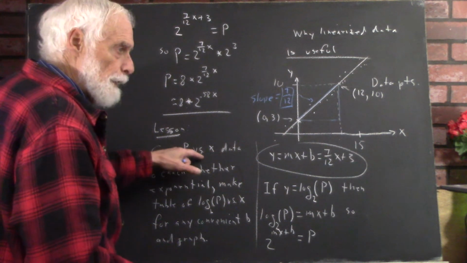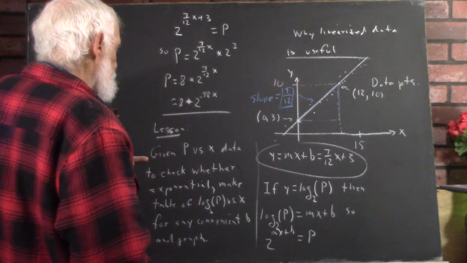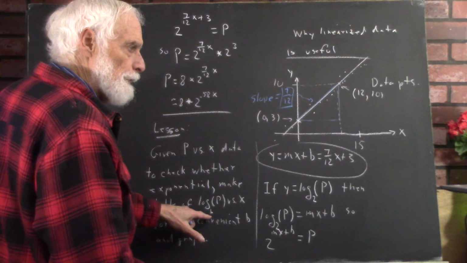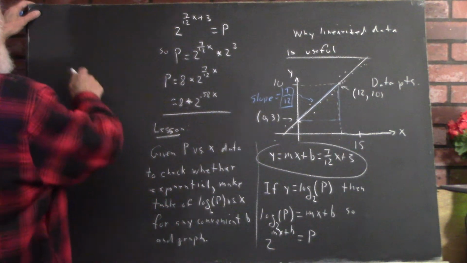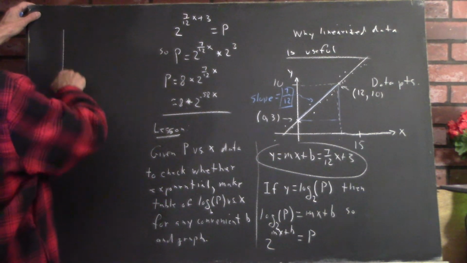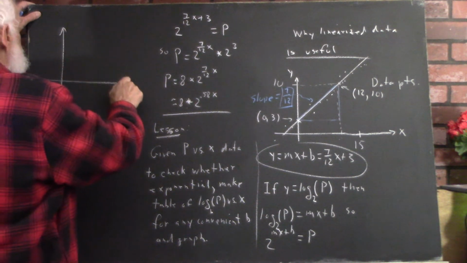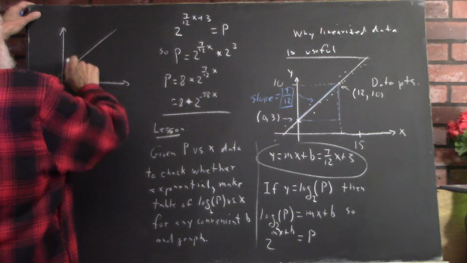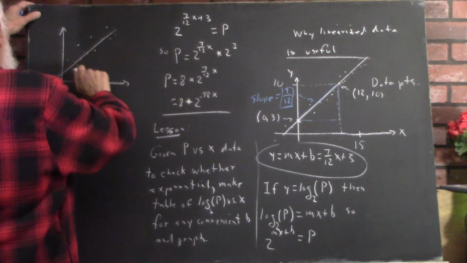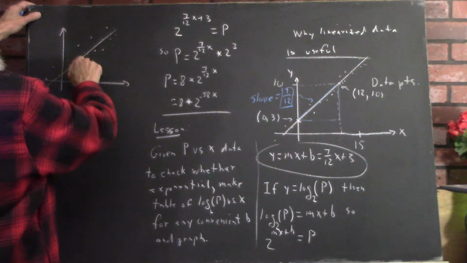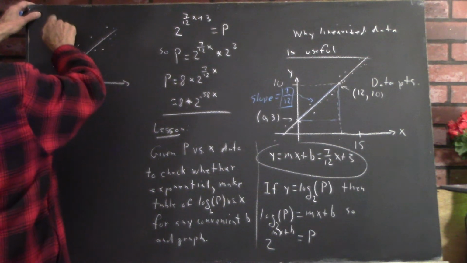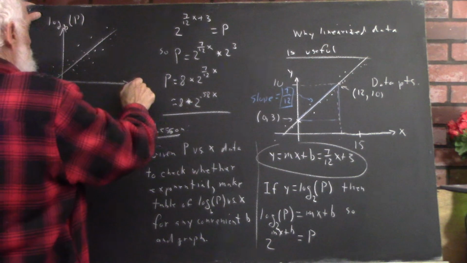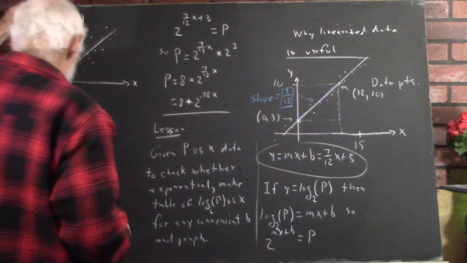Well, if you get a table of P versus X, you can do a graph of log P versus X using any base you like. Your graph is then going to be of log base B of P versus X. Okay?